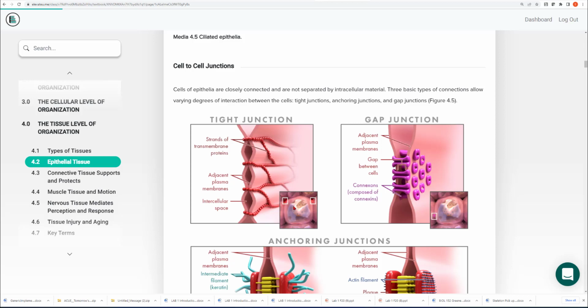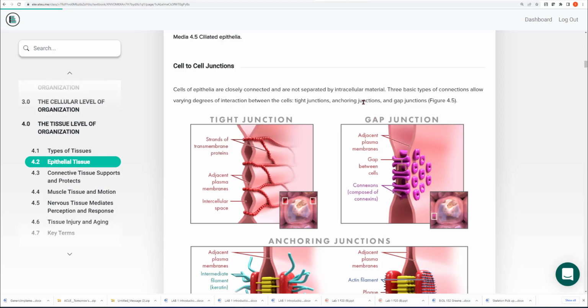Remember, epithelial tissues create barriers, and we want those barriers to be able to withstand the invasion of things. So we want to have tightly connected cells so that molecules cannot pass between the cells.